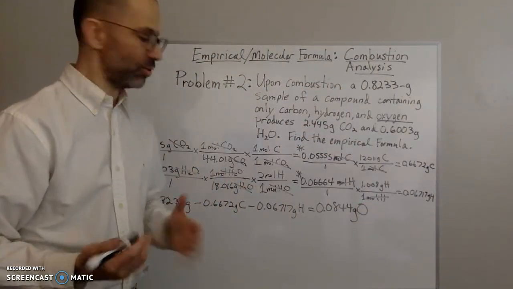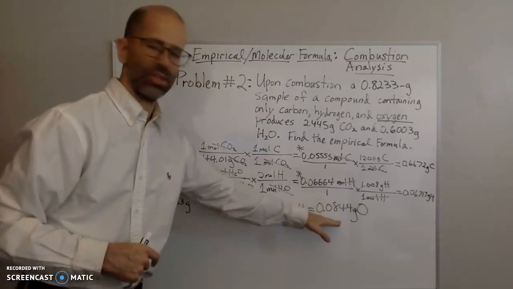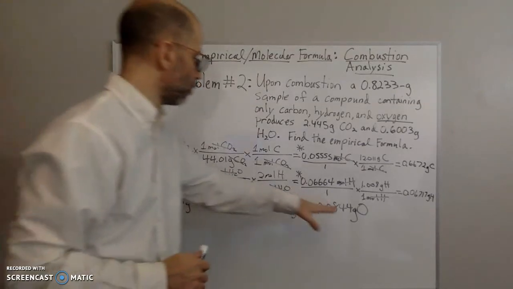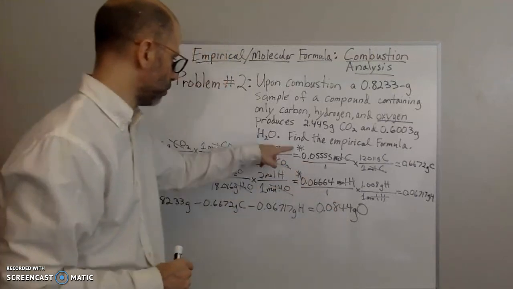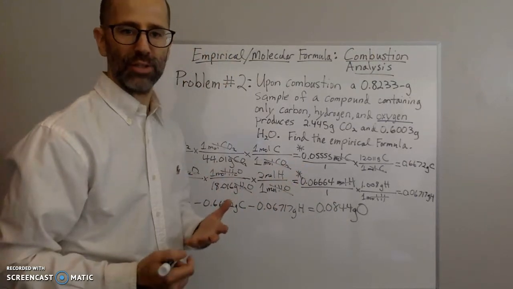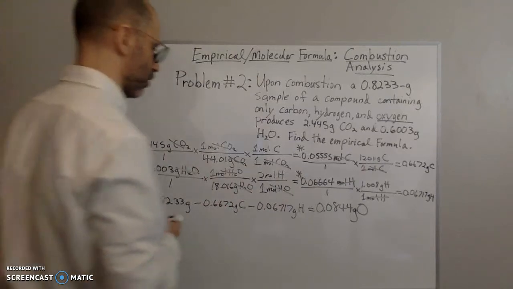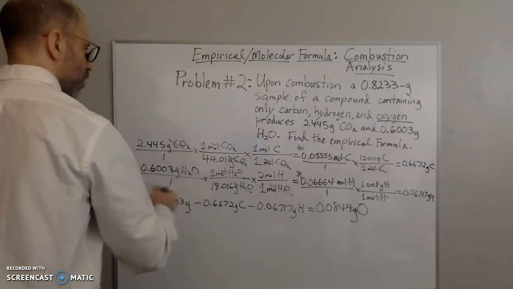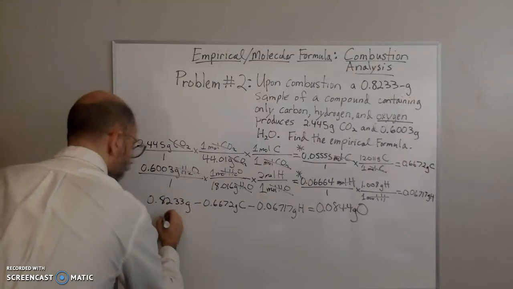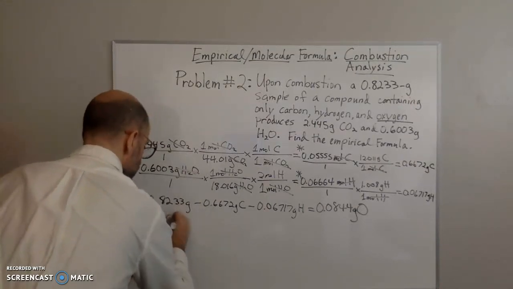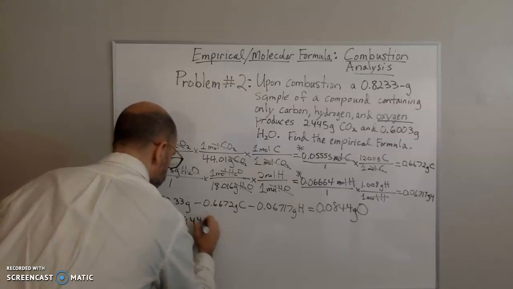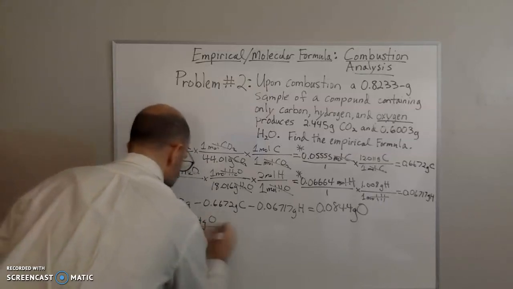So now that I have grams of oxygen, I need to convert that to moles. Once I have the moles of oxygen, I have the moles of carbon and moles of hydrogen, then I can do my pseudo formula. So let's calculate the moles of oxygen. I have 0.0844 grams of oxygen.